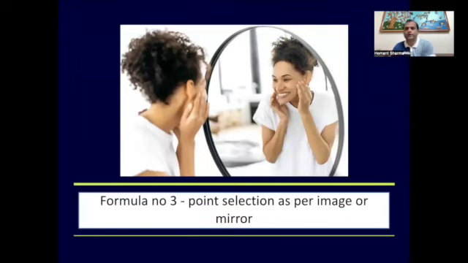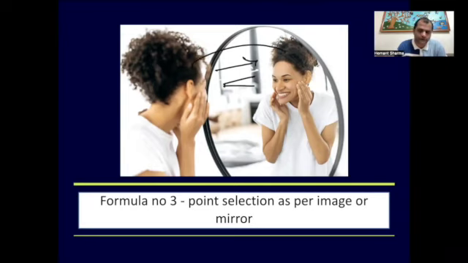So now will be formula number 3. Now we will treat as per image or the mirror. I will tell you what is the meaning of that. Like this lady looking in the mirror, both look the same, like each other.